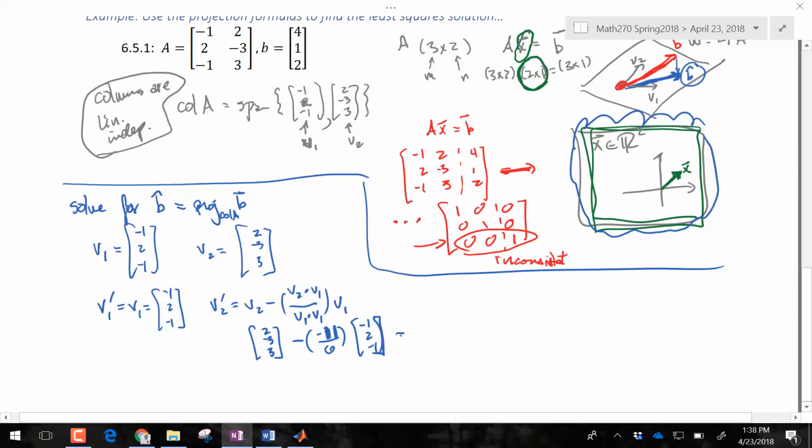So what do we have here? Plus, plus, minus. So 11 over 6 for the first one. Negative 11 over 6. 1/6.